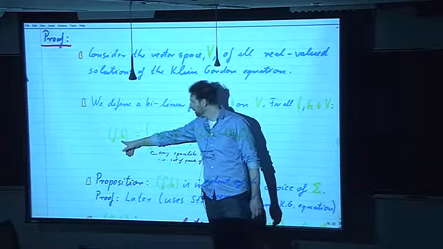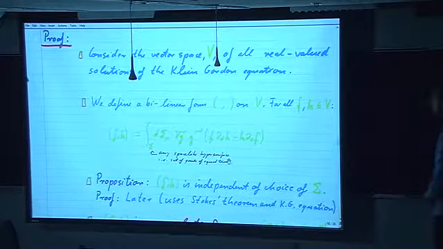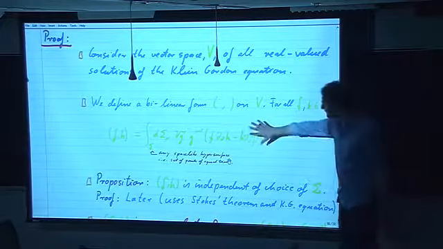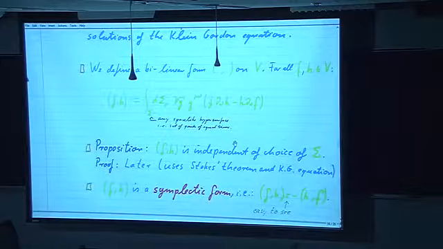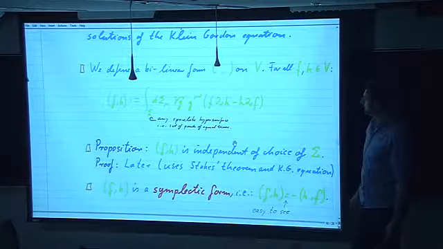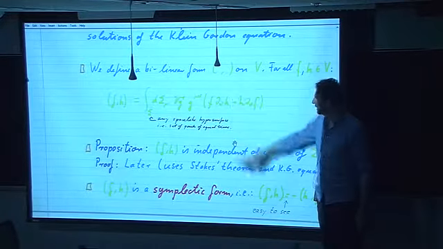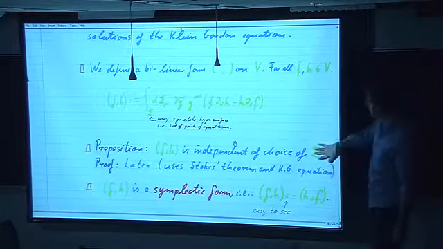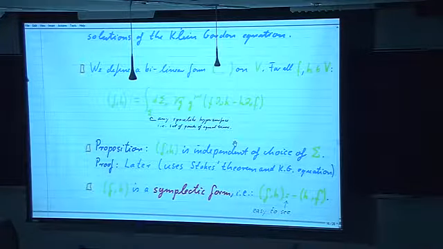They are solutions to the Klein-Gordon equation. And we will use Stokes' theorem. But for now, let's just take this definition here. And we will just take the statement at face value that this bilinear form is independent of the choice of space-like hypersurface on which you evaluate it.